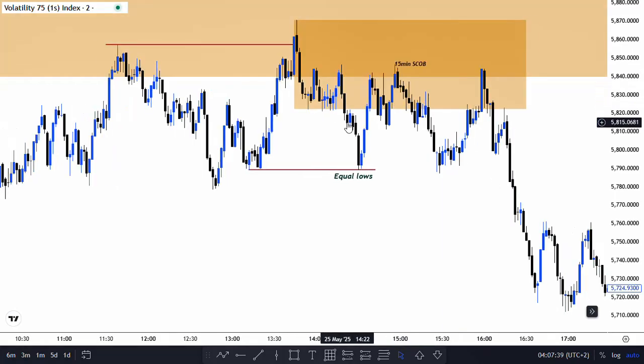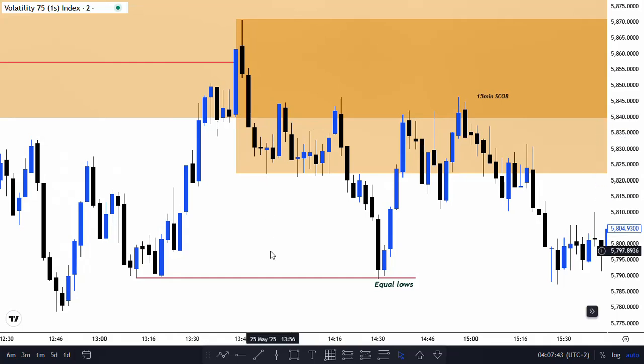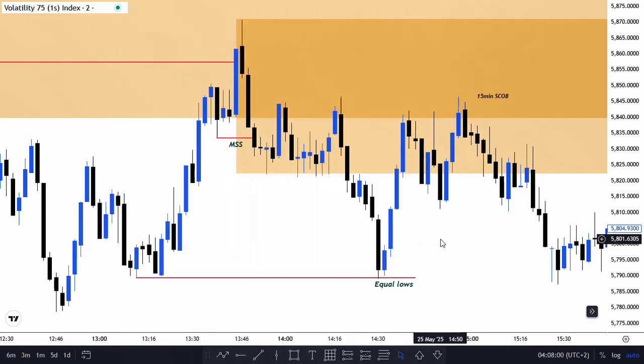And then on the 2-minute chart, you have price making a market structure shift right here. That's our market structure shift. This is what you need for entry. You really need it. After this, you also need a displacement. A displacement is this fair value gap right here.